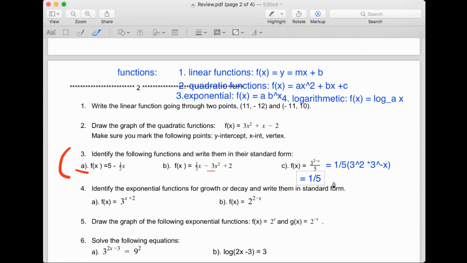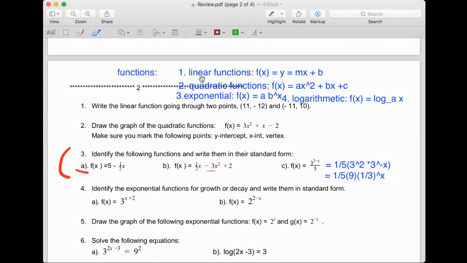What is 3 squared? 9, right? Then 3 raised to negative x. When it says use parentheses, that's negative x times 3. No, 3 raised to negative x means 1 over 3 to the x. Oh, yeah.